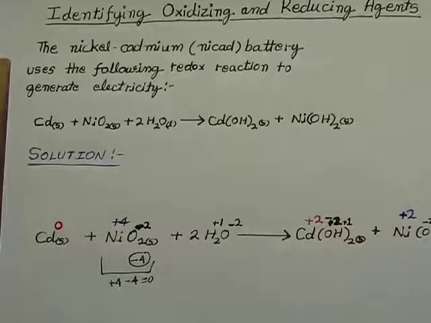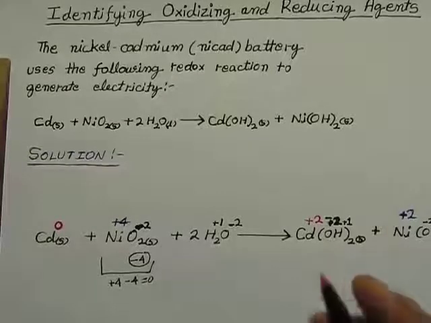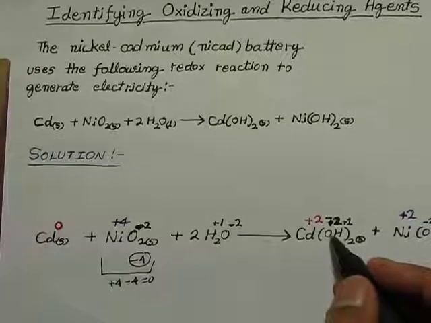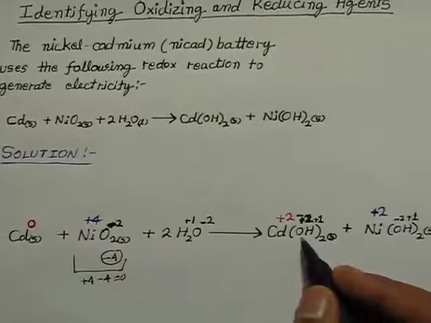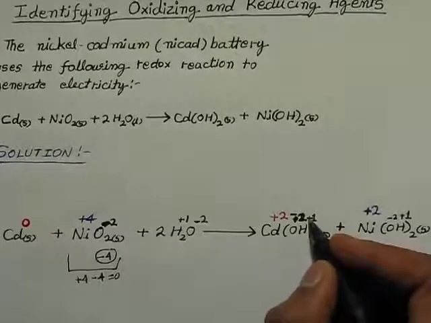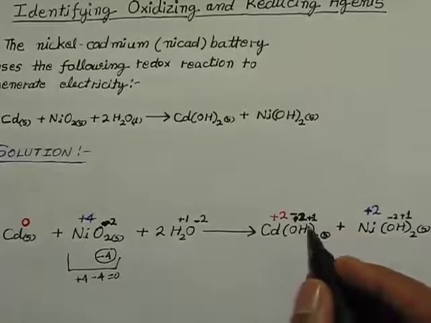On the product side, cadmium hydroxide forms, where oxygen has -2 oxidation state and hydrogen has +1.